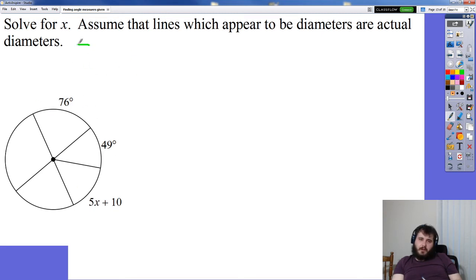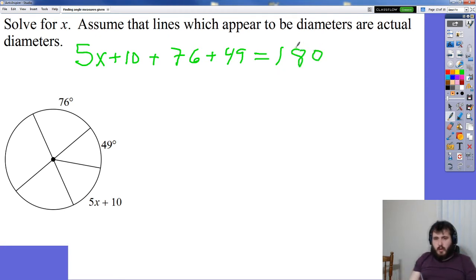So let's add everything up. 5x plus 10 plus 76 plus 49 equals 180. So let's solve our equation.